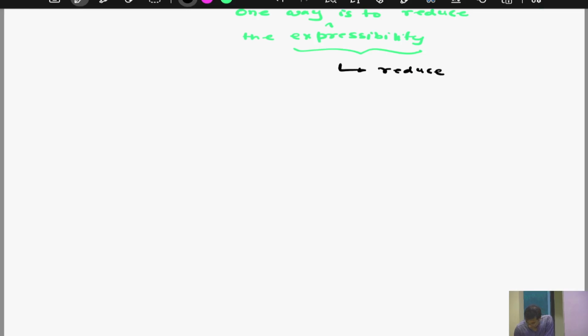And here comes the idea of the bottleneck layer. So in deep learning, there is a concept of a bottleneck layer, which means you add one additional layer, which helps you reduce the number of parameters.